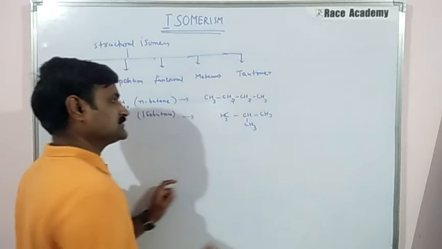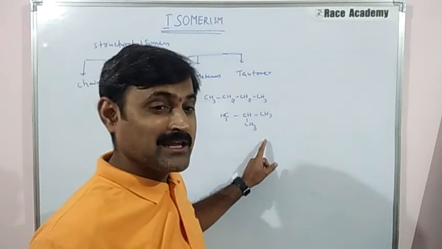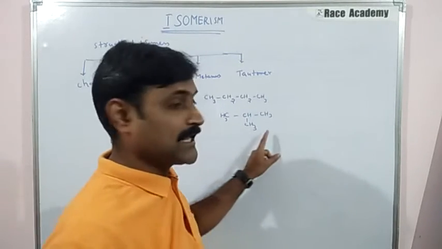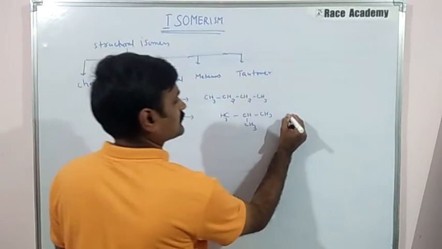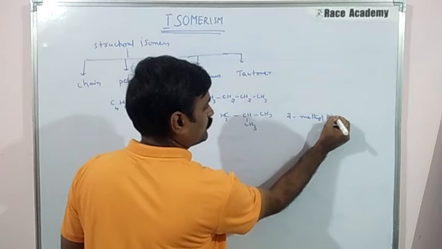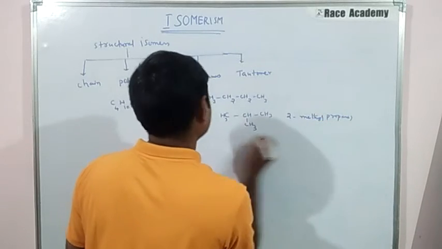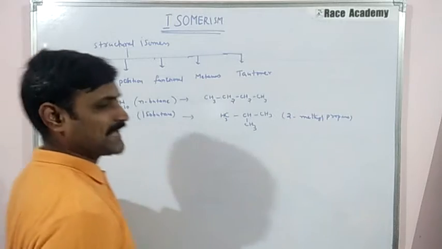The first one we call n-butane, but the second one's common name is isobutane, and its IUPAC name is 2-methylpropane. Now you understand what chain isomerism is.